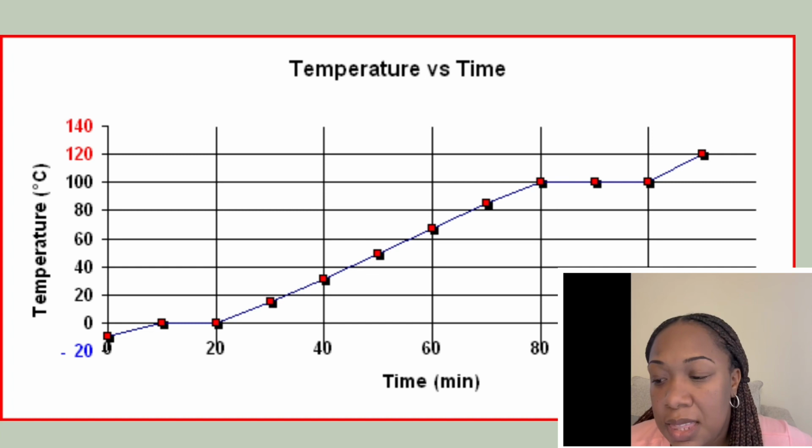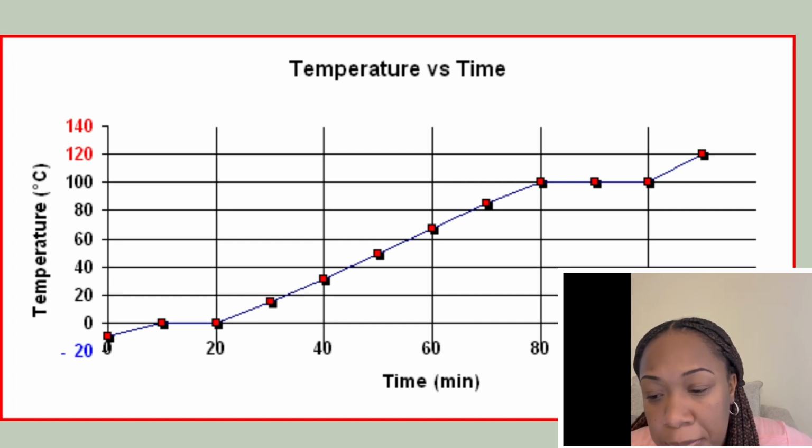The next thing that we need to take note of is that our melting point and our freezing point are the same. If we're using water as an example, then the freezing point of water is 0 degrees Celsius. The melting point of water is also 0 degrees Celsius. I should be sure to mention that it's pure water.